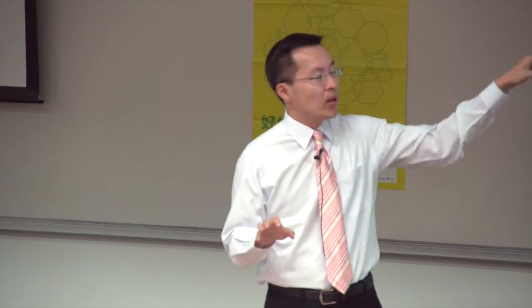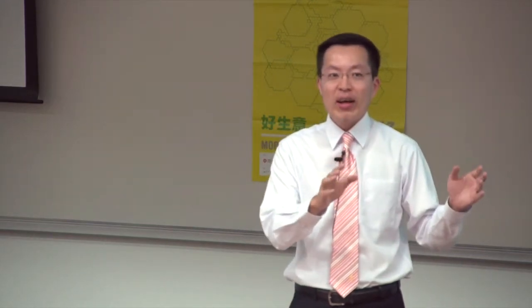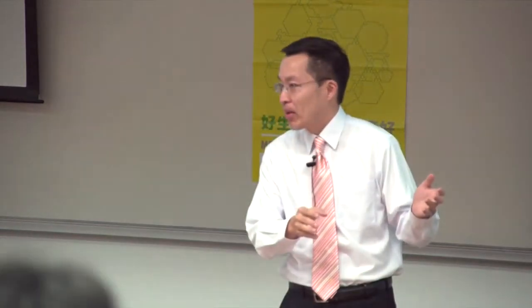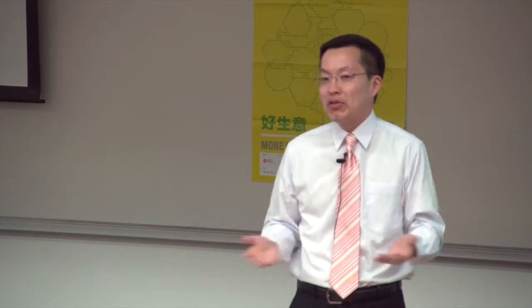So we define a problem as the gap between the existing situation and the goal situation. Okay, it's easy. Because if the existing situation is very good, or 99% near the goal, then there's no problem. Then we don't need to exist as social entrepreneurs, right? Because the whole social system is so ideal.